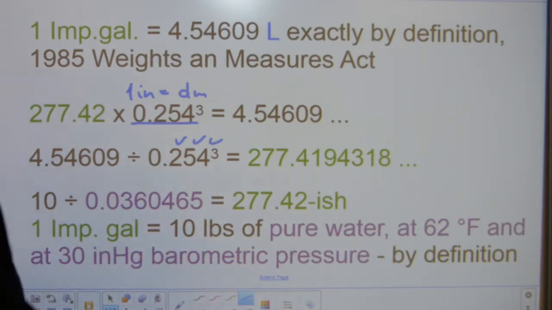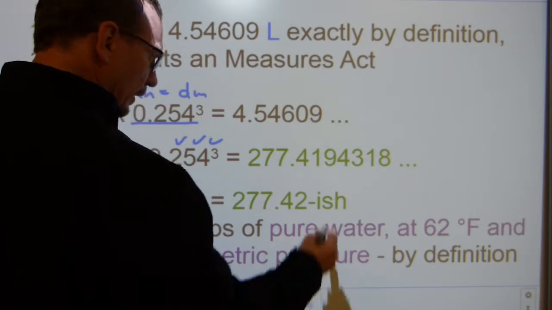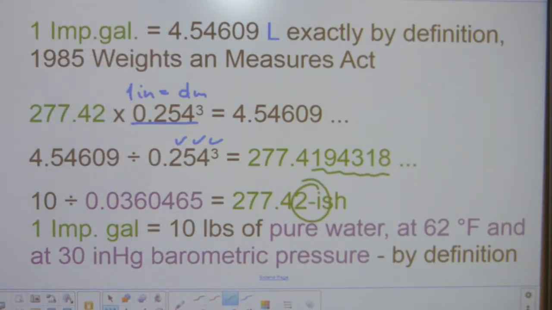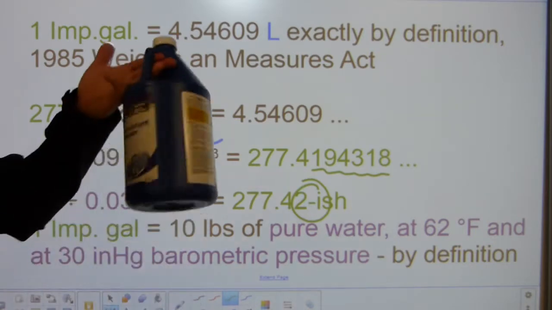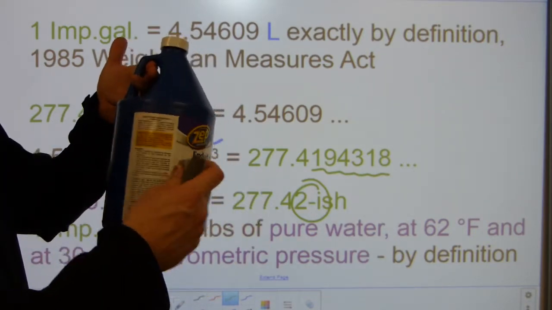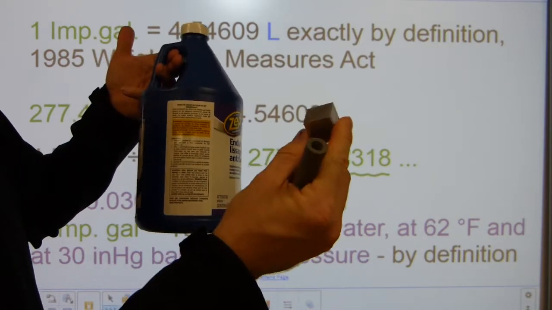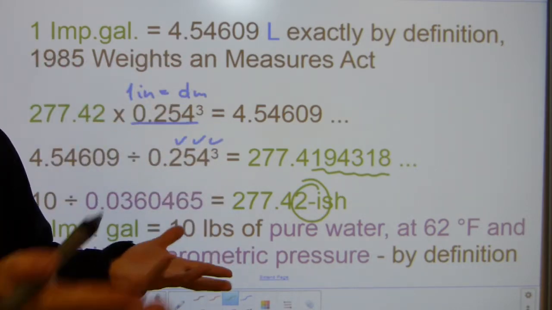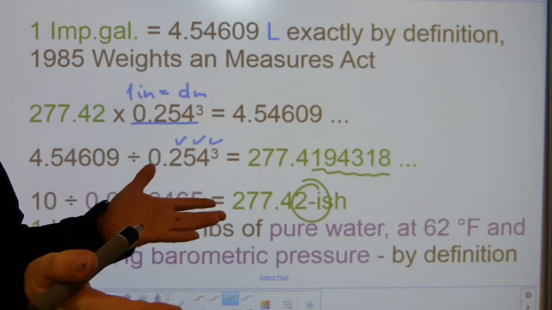So the reason for the difference here between those digits and why it's rounded to 2 is because the concept of imperial gallon is based on the weight of water. Instead of, like in the US gallon, dividing the space up into a fixed whole number of cubic inches, the imperial gallon is defined as the space that 10 pounds of water takes up.